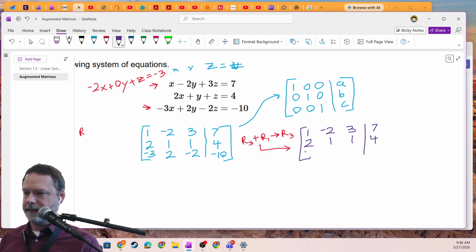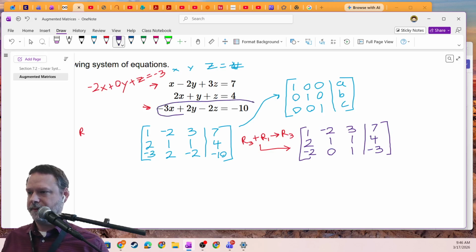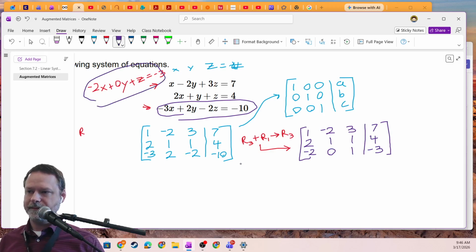And then negative 3, 2, negative, oh wait, no, I'm changing that one. So now I have negative 2, 0, 1, negative 3. So what I'm really doing is I'm replacing this bottom equation with this one. That's what I'm doing.